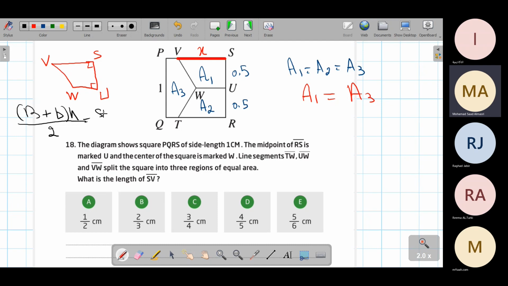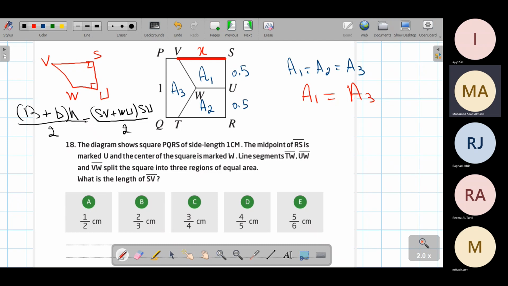So it's SV plus WU, times SU, over 2. This is the rule for the trapezoid. The big base plus the small base, and of course, when I say base, I mean the two parallel sides.